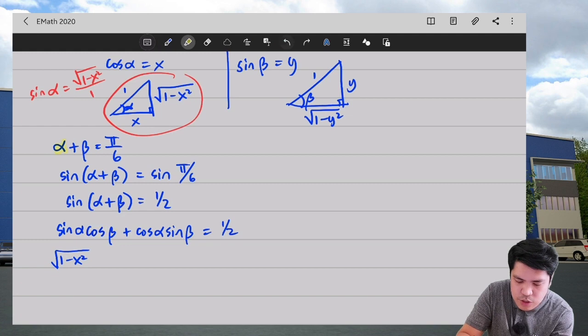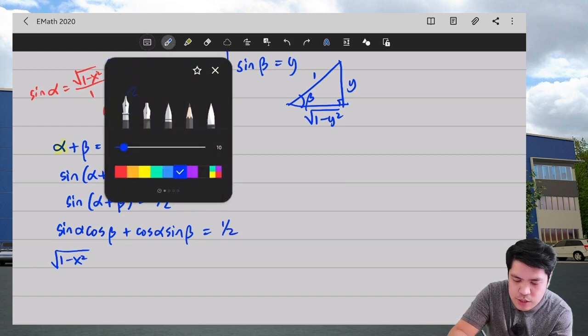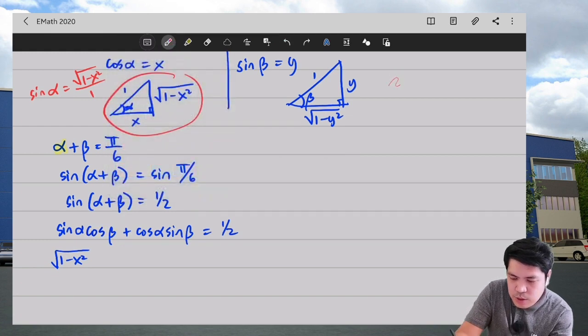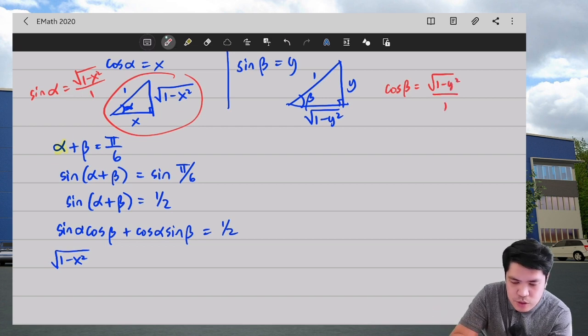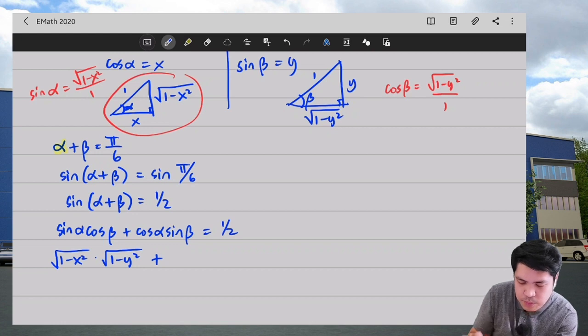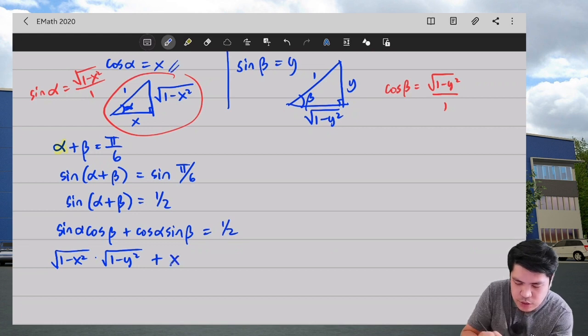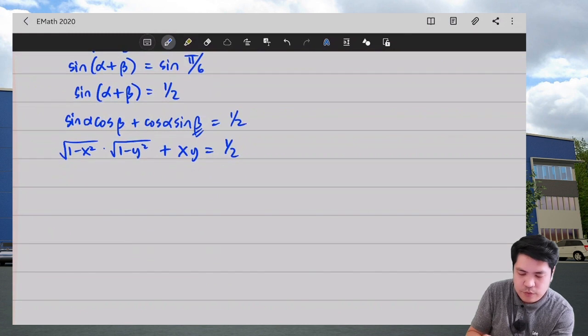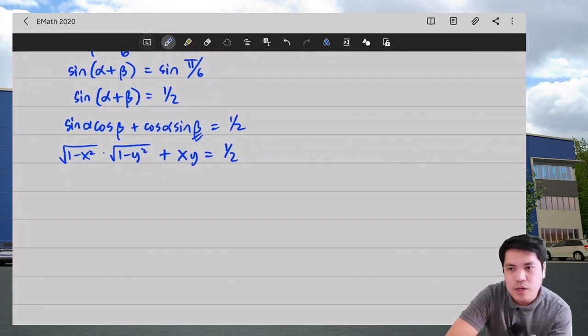For cosine beta, dito tayo titingin sa the other triangle. So we have cosine beta is equal to adjacent, square root of 1 minus y squared, over hypotenuse, which is 1. So therefore, cosine beta is simply square root of 1 minus y squared. Then plus, we know that cosine alpha is equal to x and sine beta is equal to y. That's equal to 1/2. So the rest is just algebra.